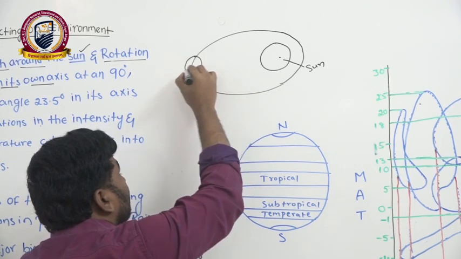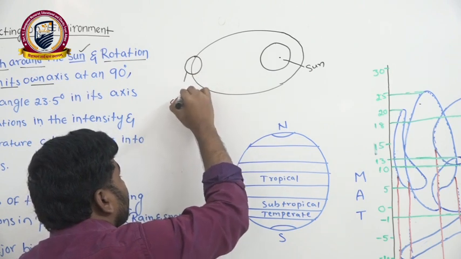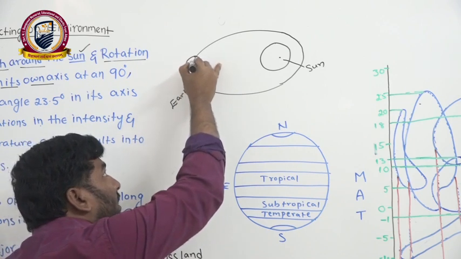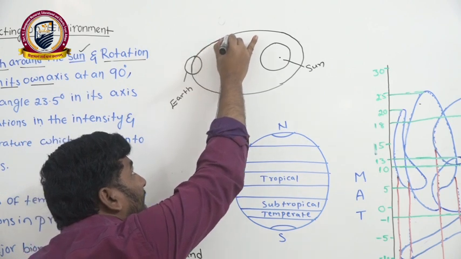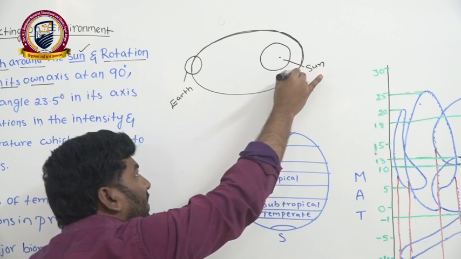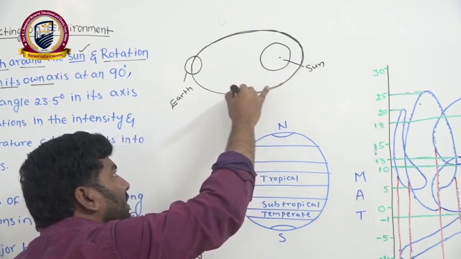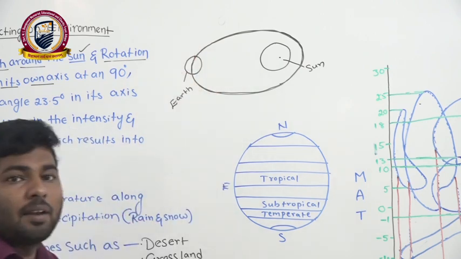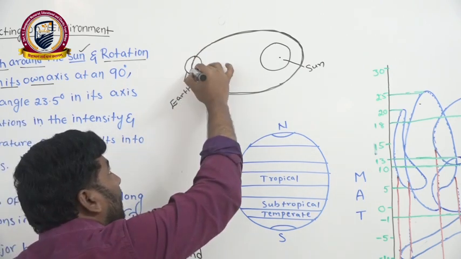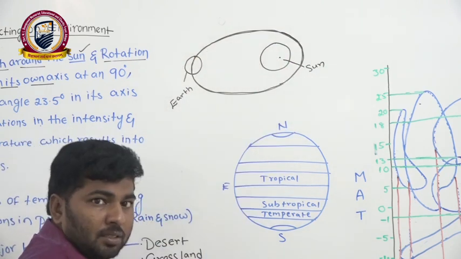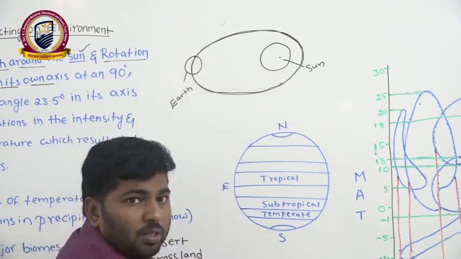This is the earth. This earth is moving in an anti-clockwise direction around the sun. We call this revolution. The earth revolves around the sun. The earth is not rotating around the sun, it is revolving around the sun.